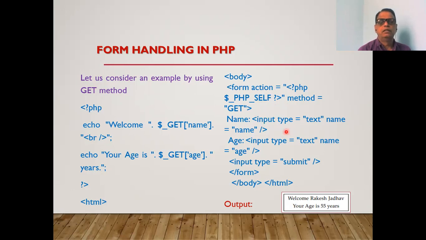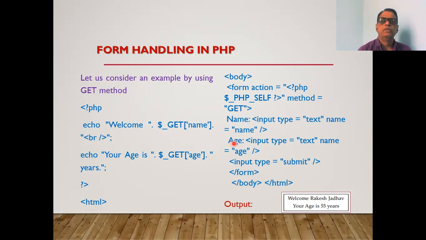We will display the name, we will display the age, and then we will ask the user to submit the data, and we will end the form and body and HTML code. So here one can observe that the PHP code is included in the HTML code itself. So this is also possible.